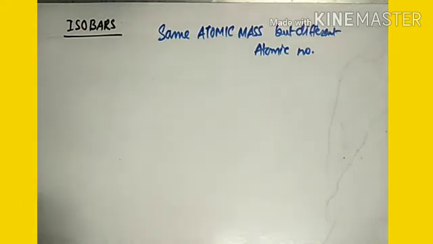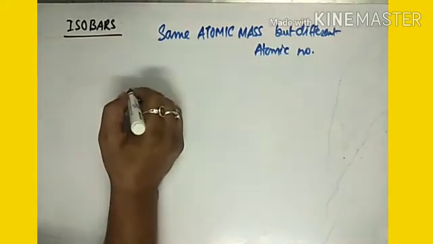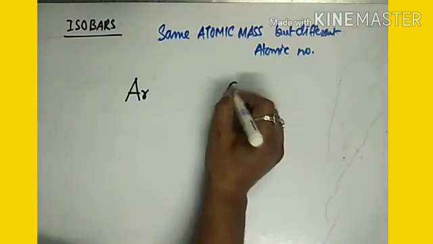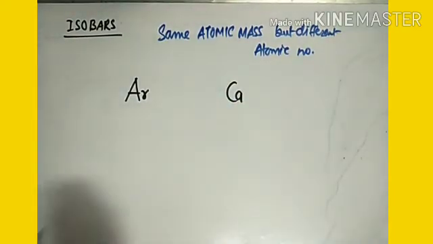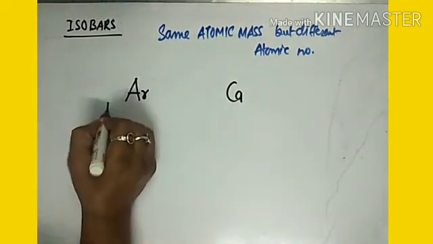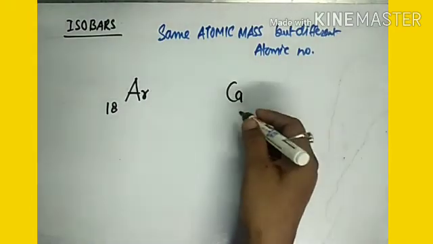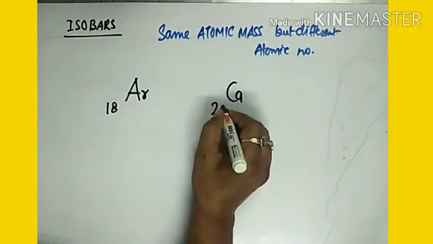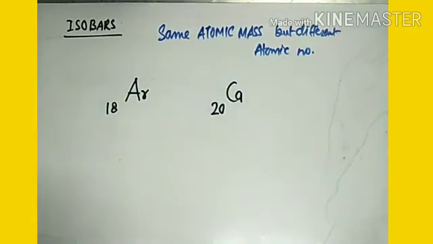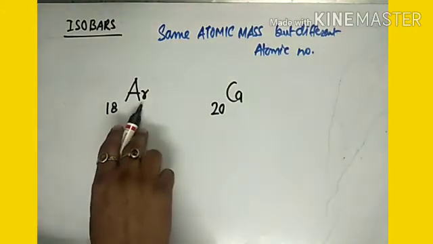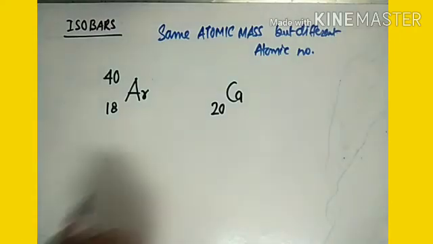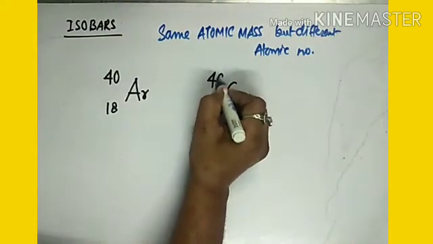So let's see what the examples are. Suppose we have argon, and on the other hand we have calcium. The atomic number of argon is 18, but the atomic number of calcium is 20, right? In argon the mass is 40, and in calcium the mass is 40 as well.